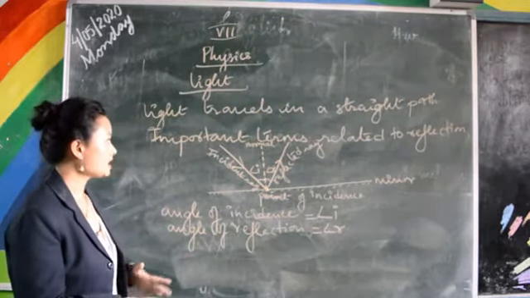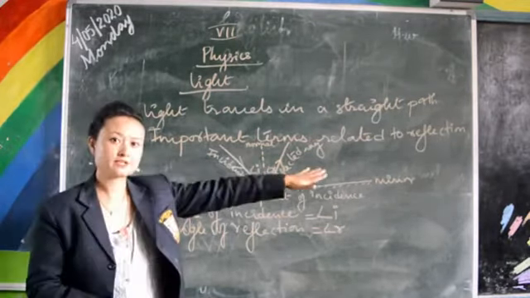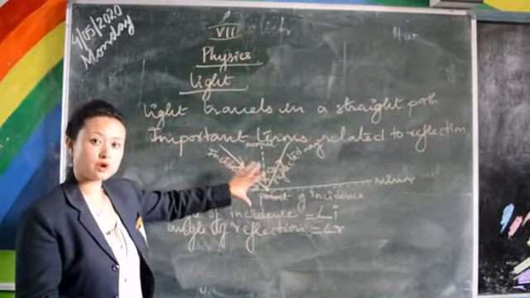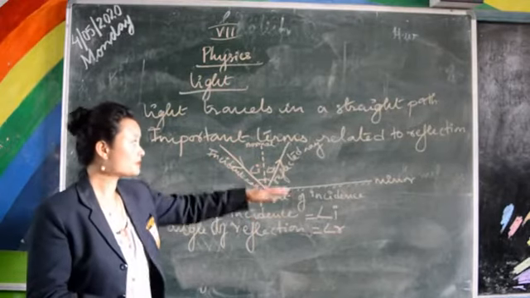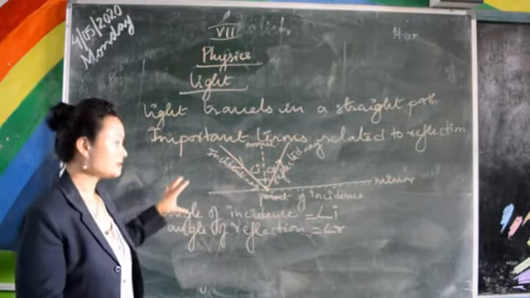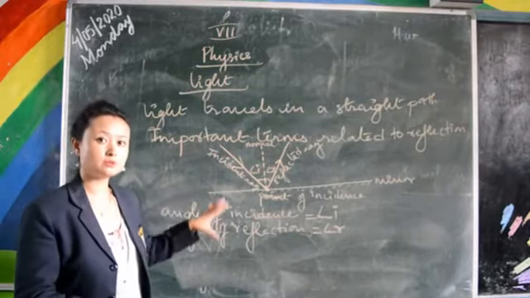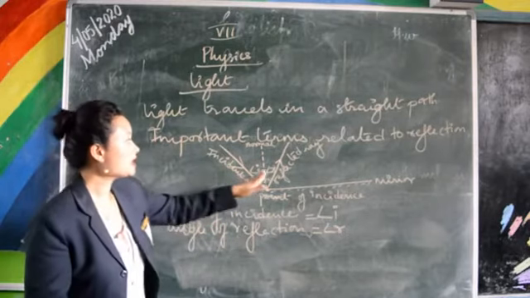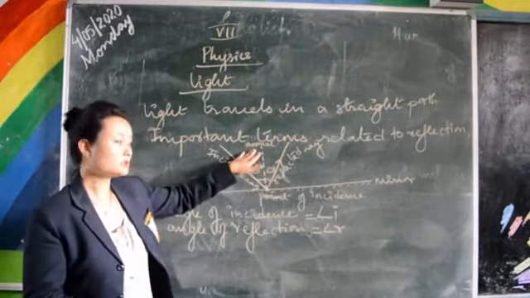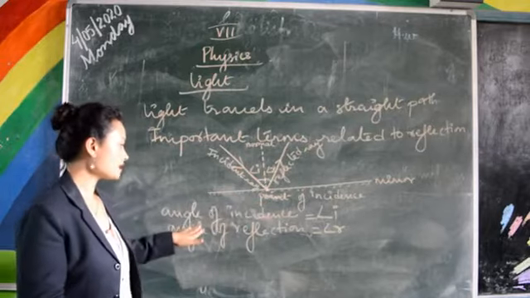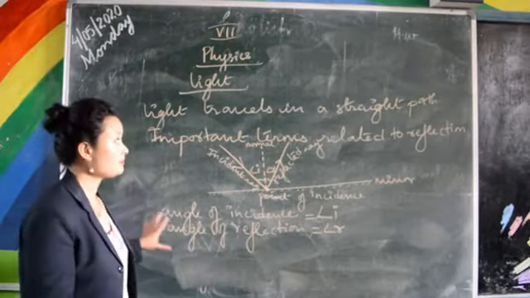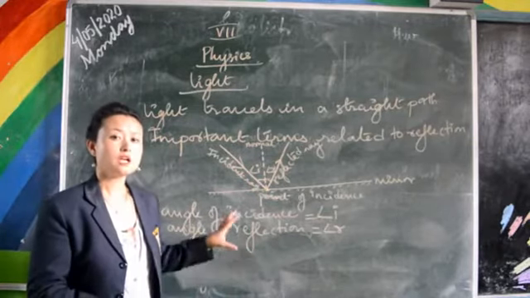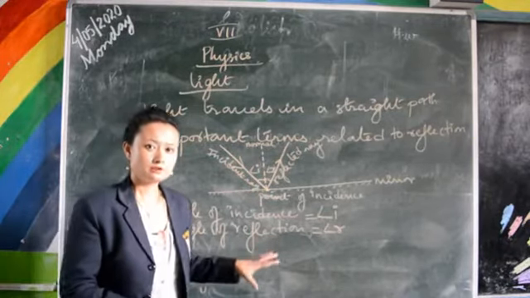Then you will write down the important terms related to reflection. You will draw this drawing, which is in page number 62, figure 4.2. You will draw this figure and then you will write down the definitions that are given in the book. The definition of incident ray, reflected ray, normal, point of incidence, angle of reflection. Okay, so these are your important terms related to reflection.